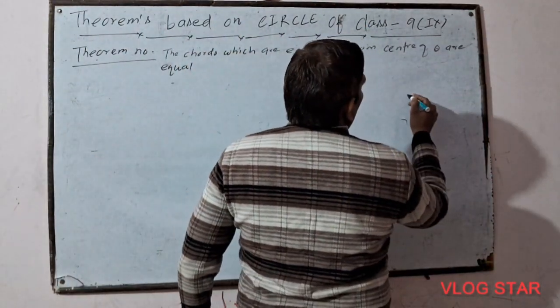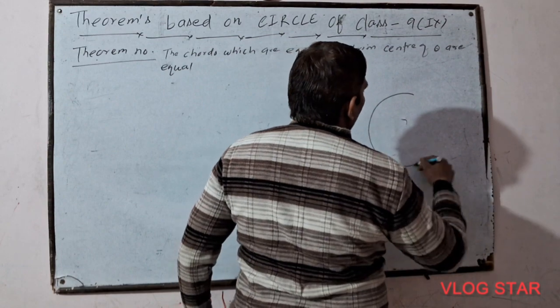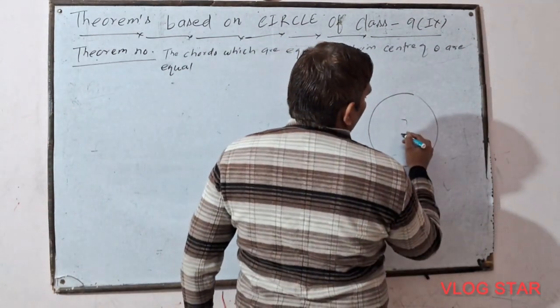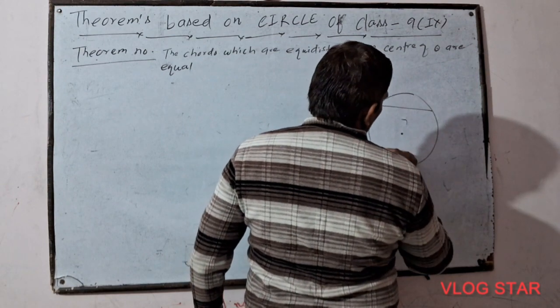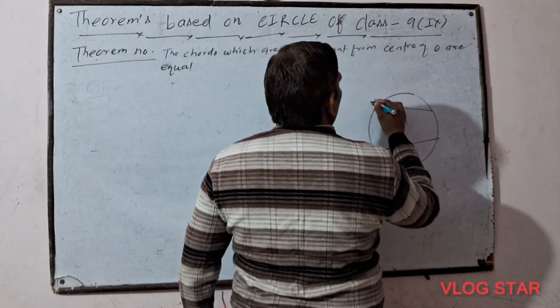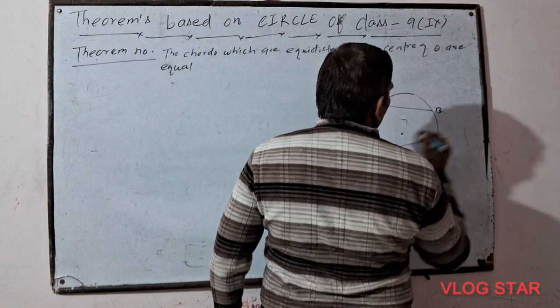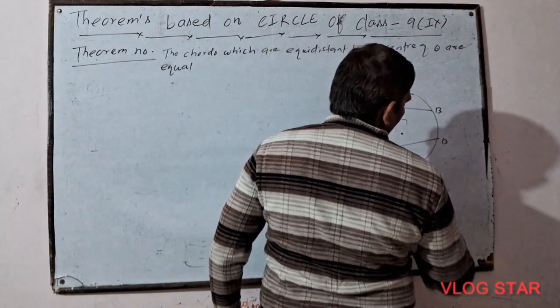See, this is the circle, this is the center of circle, this is the chord AB, this one is the chord CD.